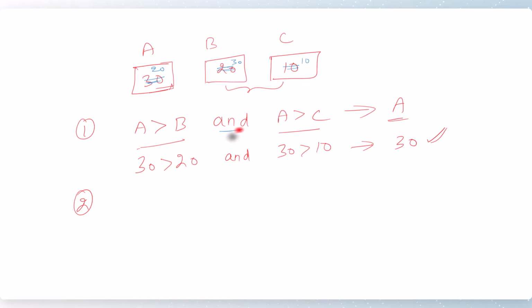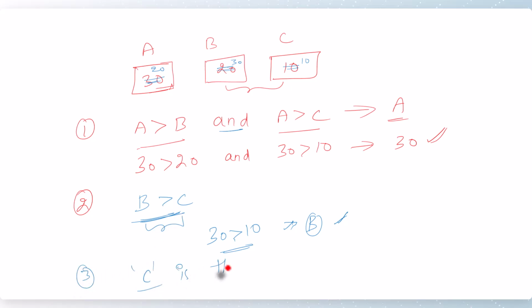In the AND case, both must be true, right? So it is clear that A is not highest. So in this case, we need to check whether B is greater than C or not. If B is greater than C, like 30 is greater than 10, if this is true, then we can say that B is the greatest number. This is the second condition. If this is false, by default, C is the largest number.